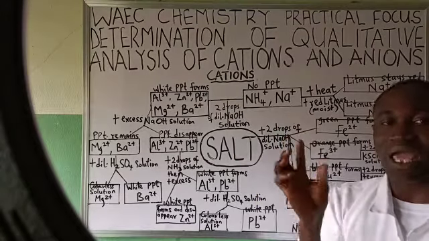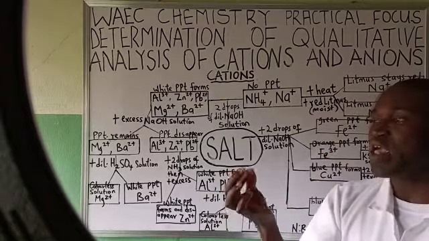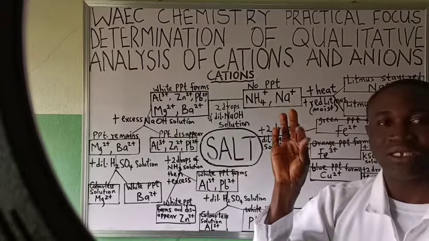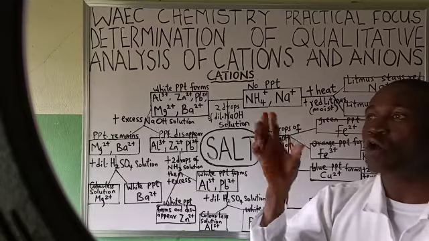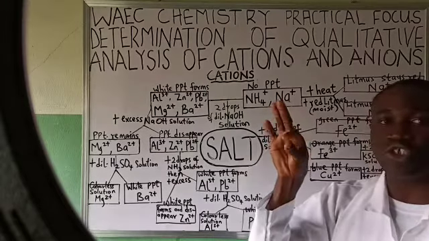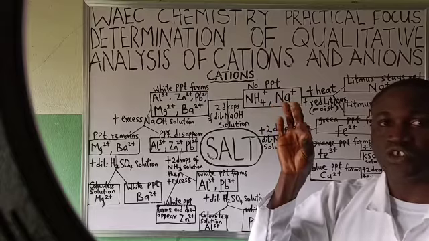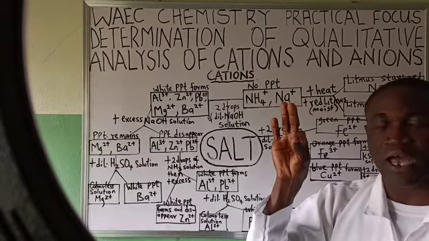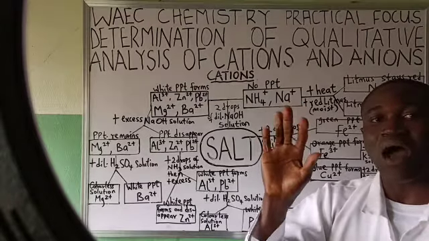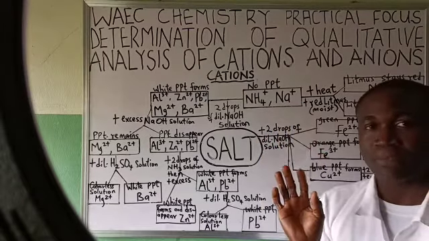If it is crystalline, how will you know? If you have touched sand that feels as if it has teeth, or you touch sugar, the way sugar feels on your finger, that is how crystalline salt is.